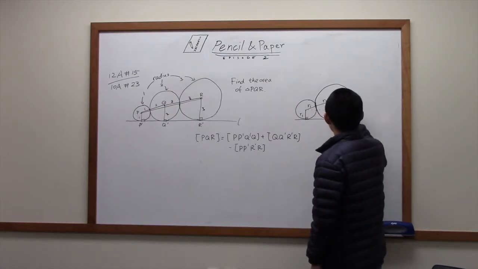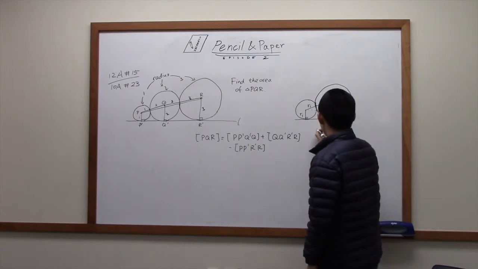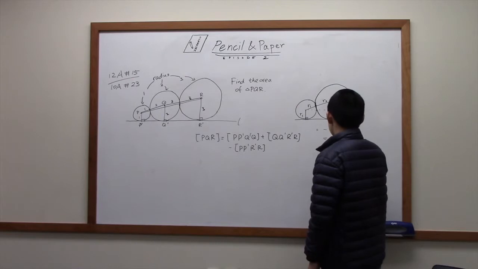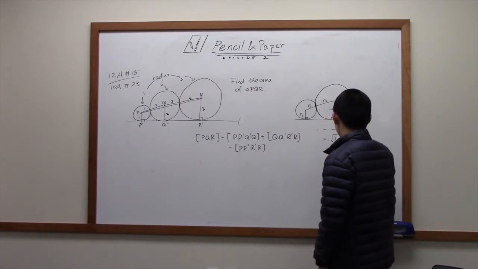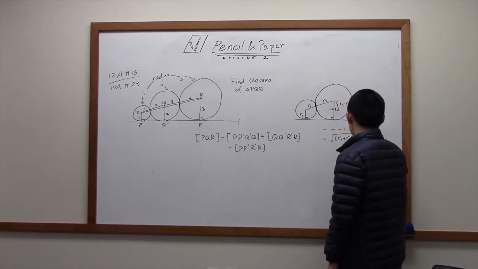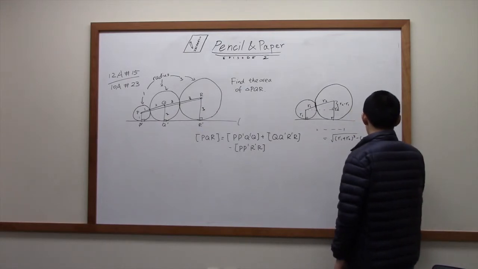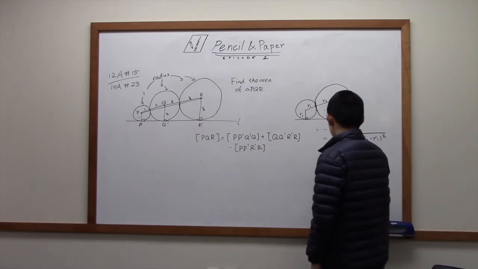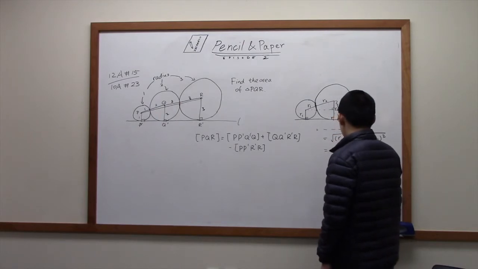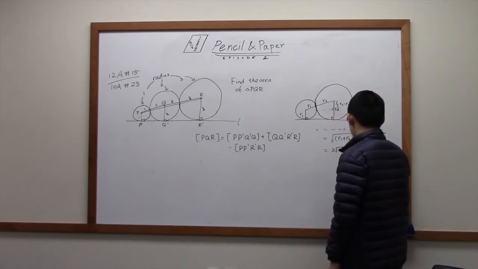So this length equals R2 minus R1, which means the dotted line equals the square root of (R1 plus R2) squared minus (R2 minus R1) squared. This comes out to 2 times the square root of R1 R2.